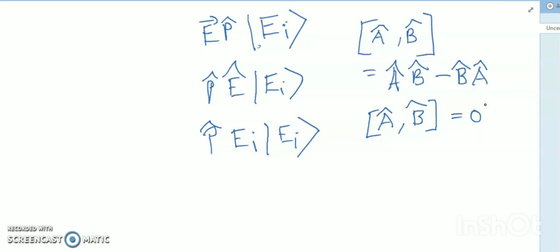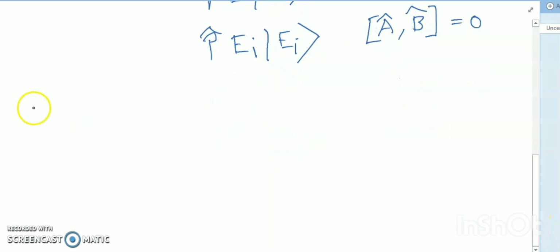How does this solve our problems? Well, in general, the commutator of two operators is equal to some third operator C. So A cap B cap minus B cap A cap equals C cap.